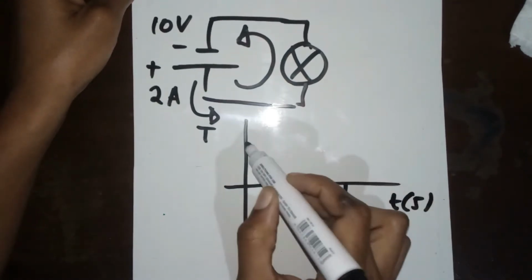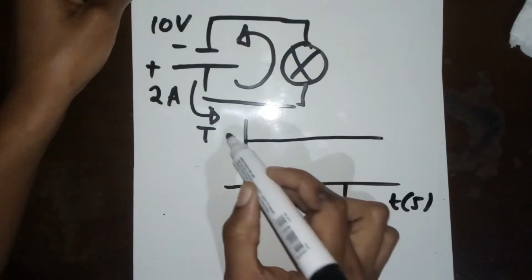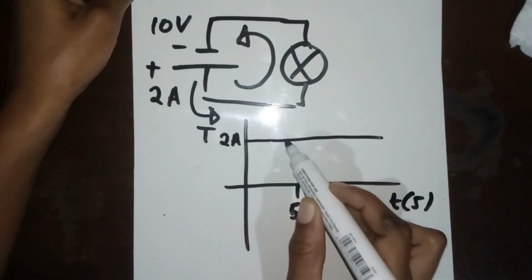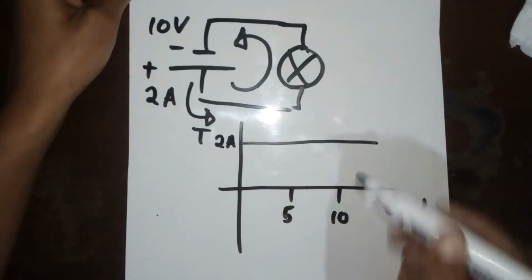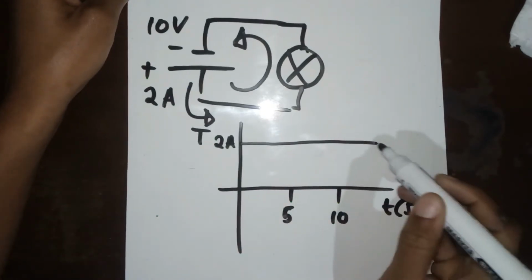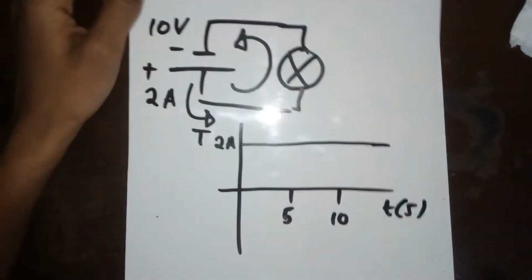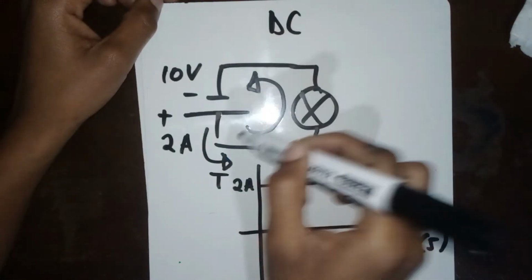Throughout, the current is just 2 amperes. After 5 seconds, the current is still 2 amperes, as well as after 10 seconds. So the current is just flowing in this one direction.